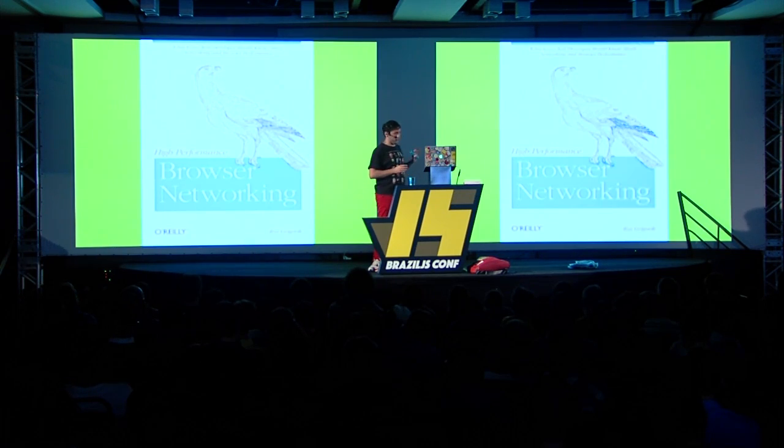Here I usually recommend this book because it's awesome. It talks about TCP, HTTP, HTTP2, and all the lower protocols, UDP, WebRTC, WebSockets, everything. So it's really cool. You should look into it. It also talks a lot about mobile networks and the intersection, like I said earlier, between UX and performance, which is really cool.